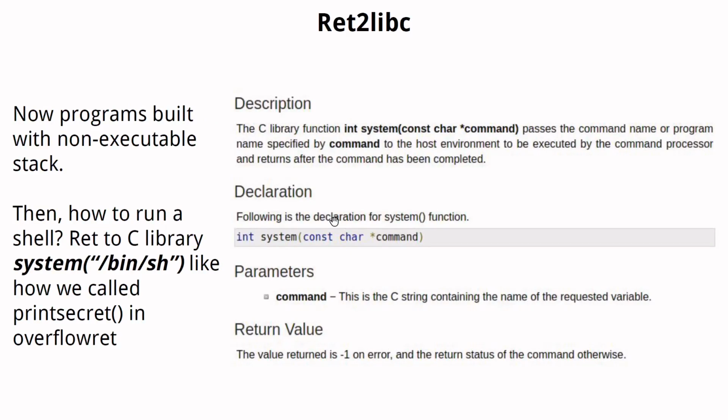Okay, so the idea is very simple. We do not inject a shellcode into the address space. We do not put the shellcode on the stack, because the stack is not executable anyway. You put a shellcode on stack, it's not going to work. Instead, we directly return to existing functions in the address space. So before this class, you have been returning to the print flag function, right? But that function was created by me. Normal programs out there don't have that function in their address space.